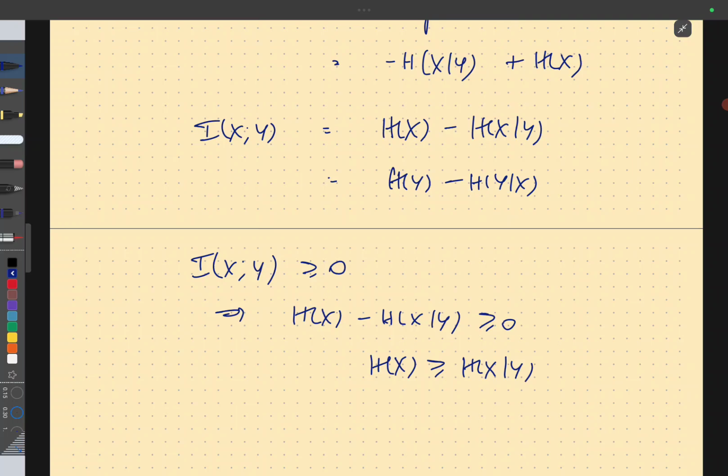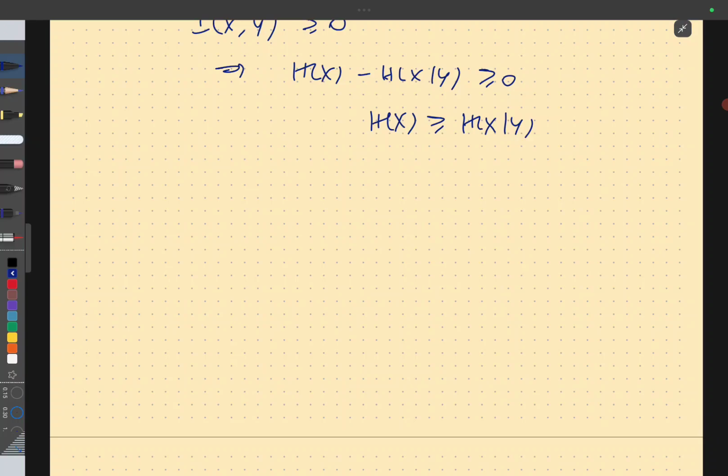So this gives us the inequality that we were looking for, which is that conditioning can only reduce entropy. Any questions?